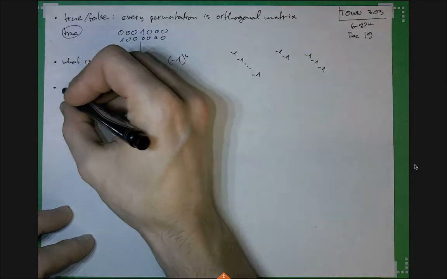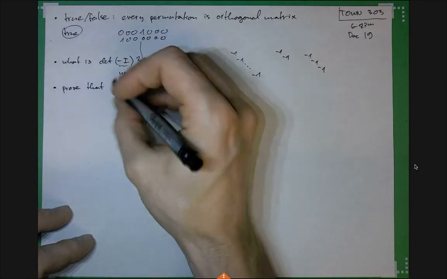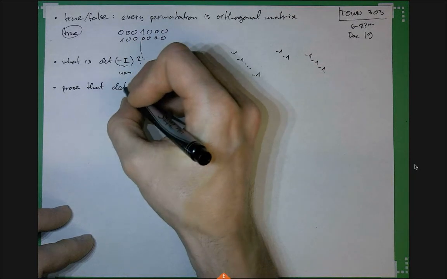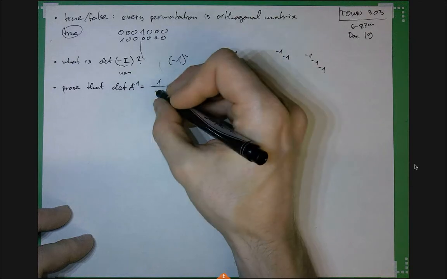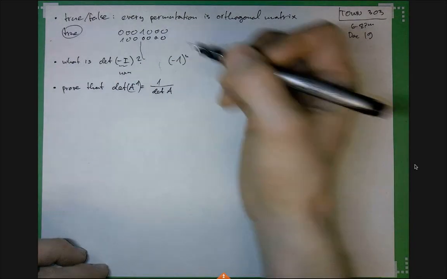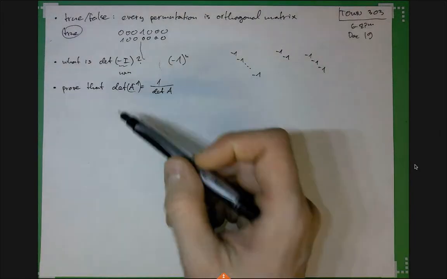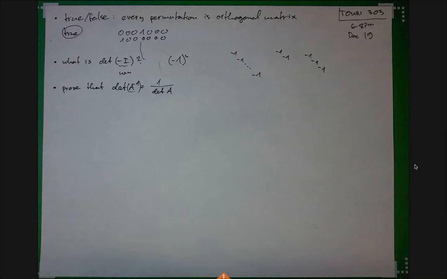Here we want to prove that the determinant of the inverse matrix is the inverse of the determinant. Again, what is implied here is that A is an n by n square matrix, and it's invertible. That's the assumption. Think about it for a little bit.